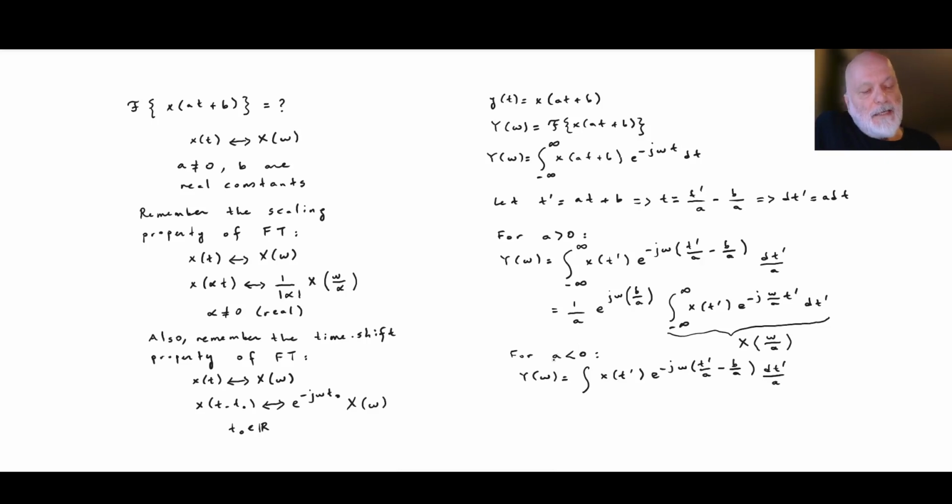However, since a is negative and we have t prime equal to at plus b, when t tends to minus infinity, since a is negative, t prime tends to plus infinity. And similarly, for the upper integration limit, when t tends to infinity, t prime tends to minus infinity. Okay?